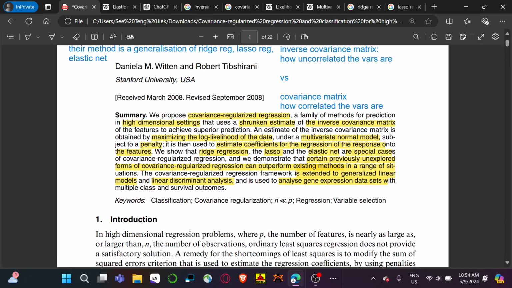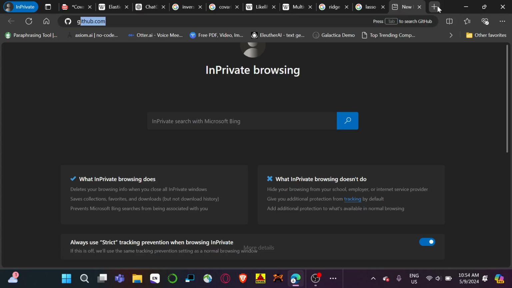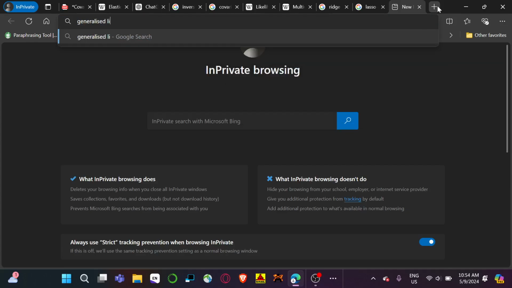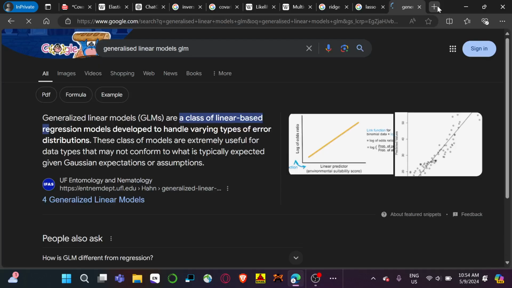Okay, and the other term would be generalized linear models, GLM. GLM is something that I covered before in my studies in statistical learning, but let's have a look at it for a refresher. GLMs, generalized linear models, are a class of linear-based regression models developed to handle varying types of error distribution.